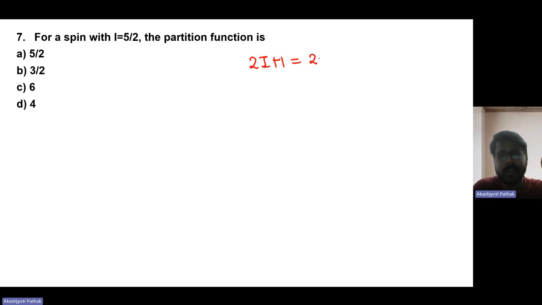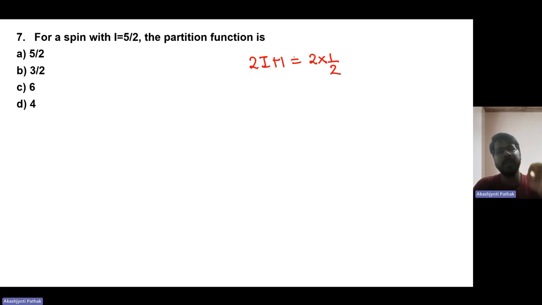Here also we apply the same formula, because the summation over n equal to 1 to n of 1 gives us n. So you directly find the number of states possible.